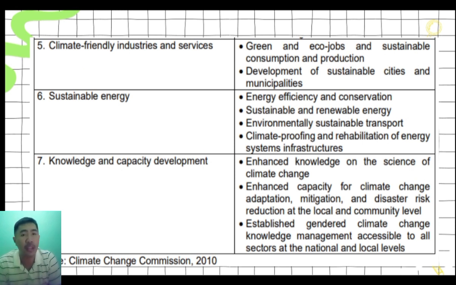So it is one of the priorities because science has a lot of contributions to our lives today, which is technology. So by having knowledge and innovations, at least in that way we can find solutions or preventions or mitigations to prevent or reduce what is happening to our environment.